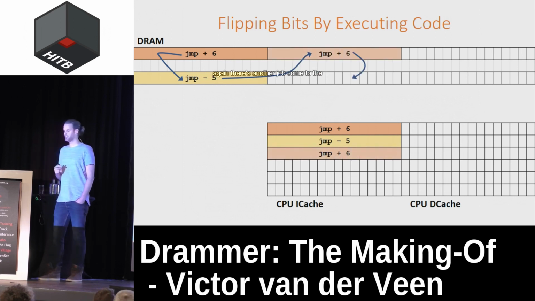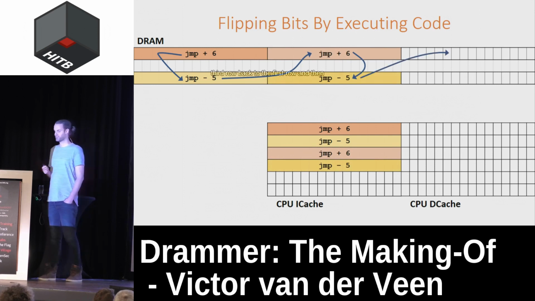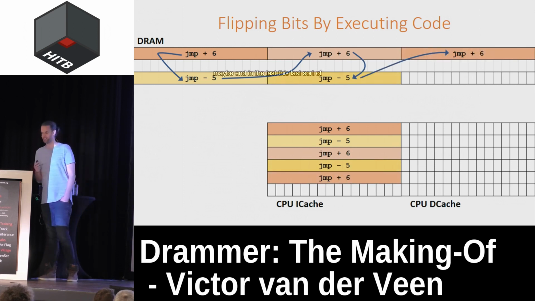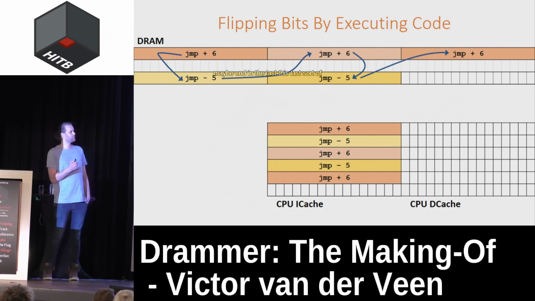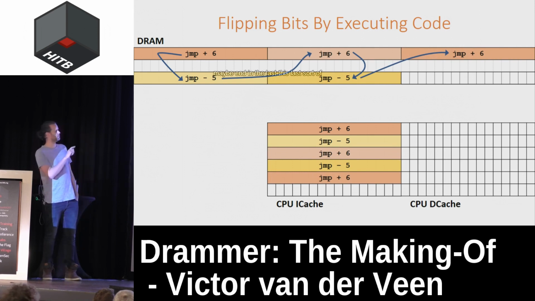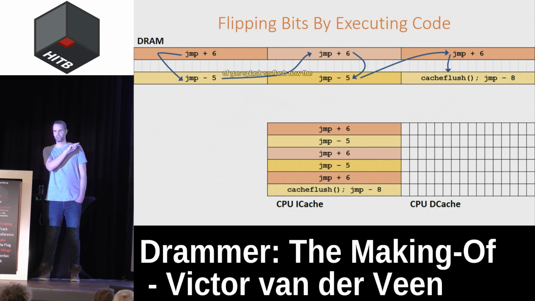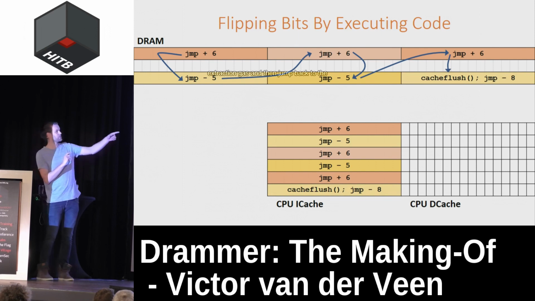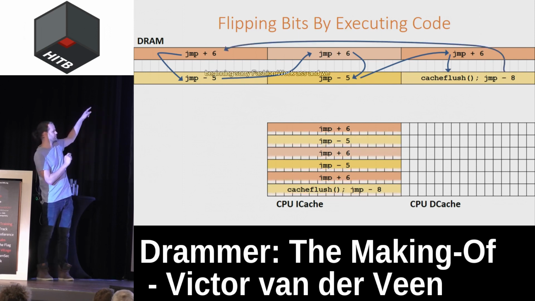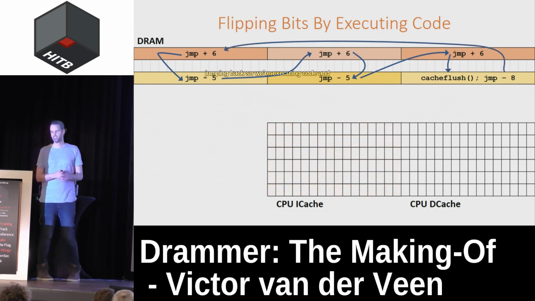There's another jump going to the third row, then come back to the first row, and then near the end, in the last set of instructions, there will be a cache flush, flushing the instruction cache, and then a jump back to the beginning. So we're flushing the cache, and we're jumping back.